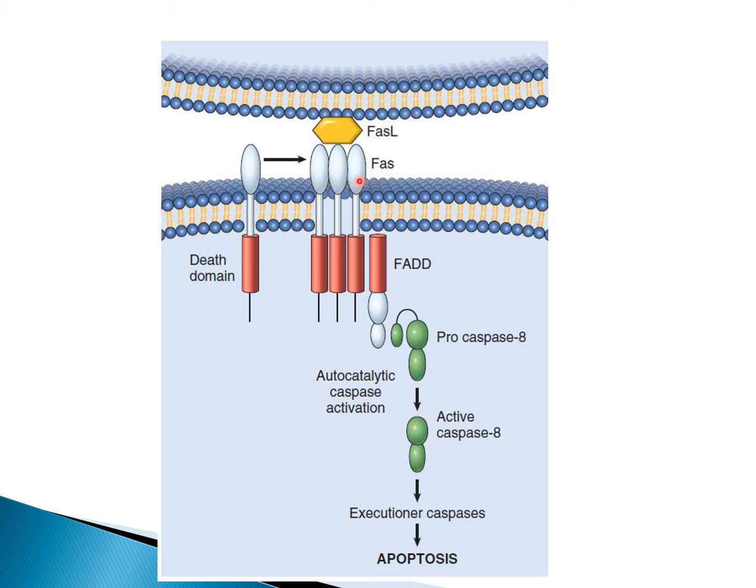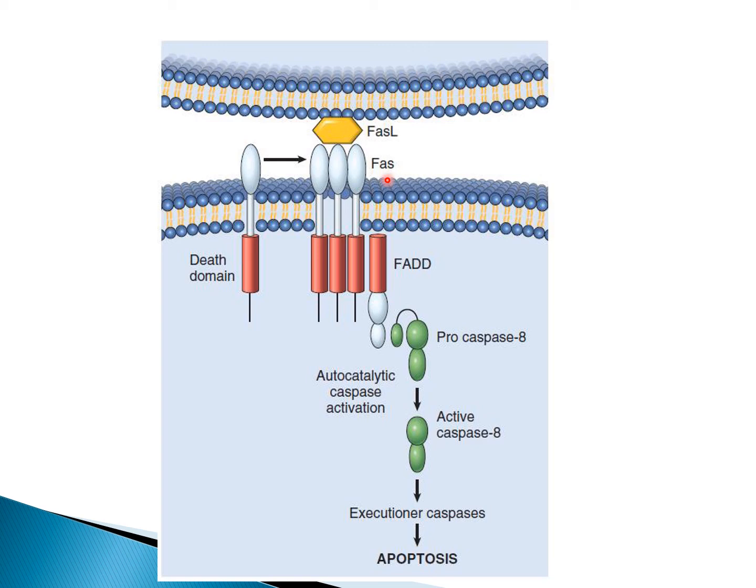It is present on the surface of the cells that are planned to die by apoptosis. These cells express the FAS receptor or the type 1 tumor necrosis factor receptor on their surface.